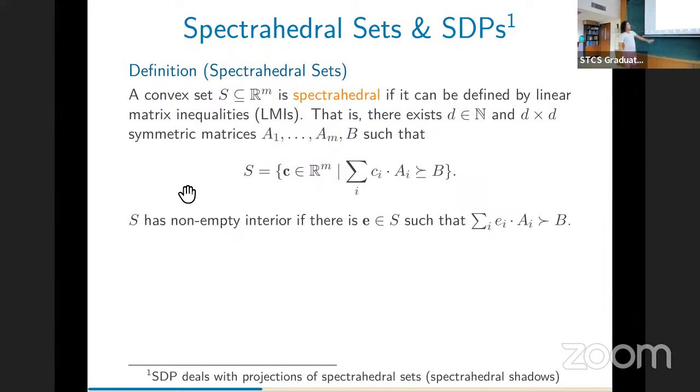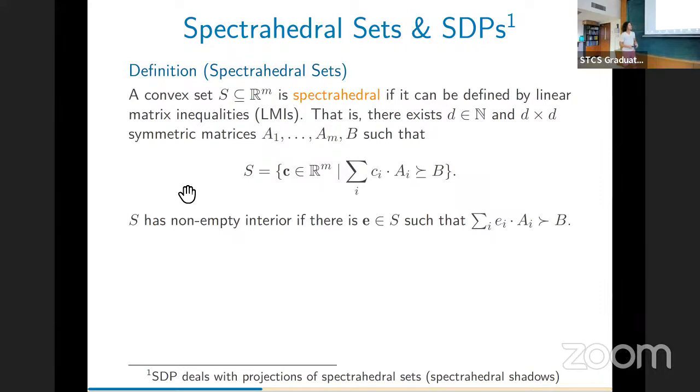Okay, and I put this footnote here because usually a semi-definite program doesn't deal with these directly, the same way that in linear programming, the most general form doesn't deal only with these inequalities. You can have extensions, like you can add more variables, you get a more succinct description of your linear program, and you're actually working with projections of these solutions. So usually when you work with linear programming, you work with whatever representation gives you a small description of your inequalities.